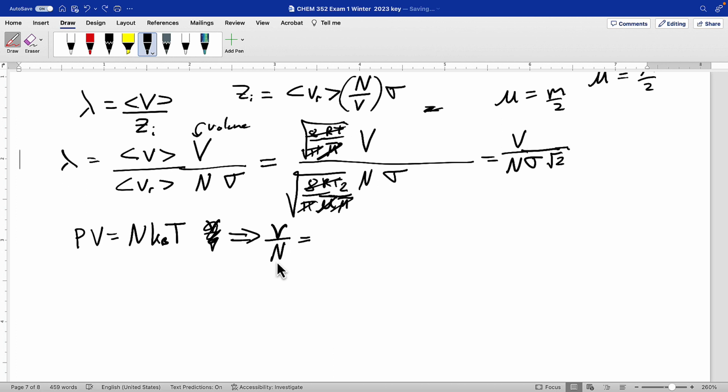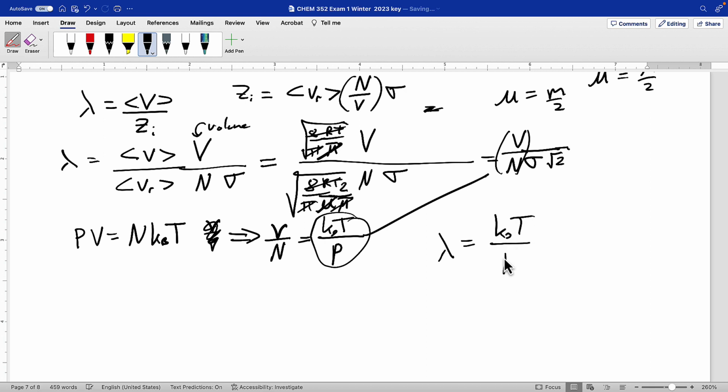To get V over N, we divide both sides by N and by P. So we're left with V over N equals kT over P, and we can push that in for this piece over here. So lambda is equal to kT over P, and then we still have the collision cross-section and the square root of 2. Okay, now we're ready to go.